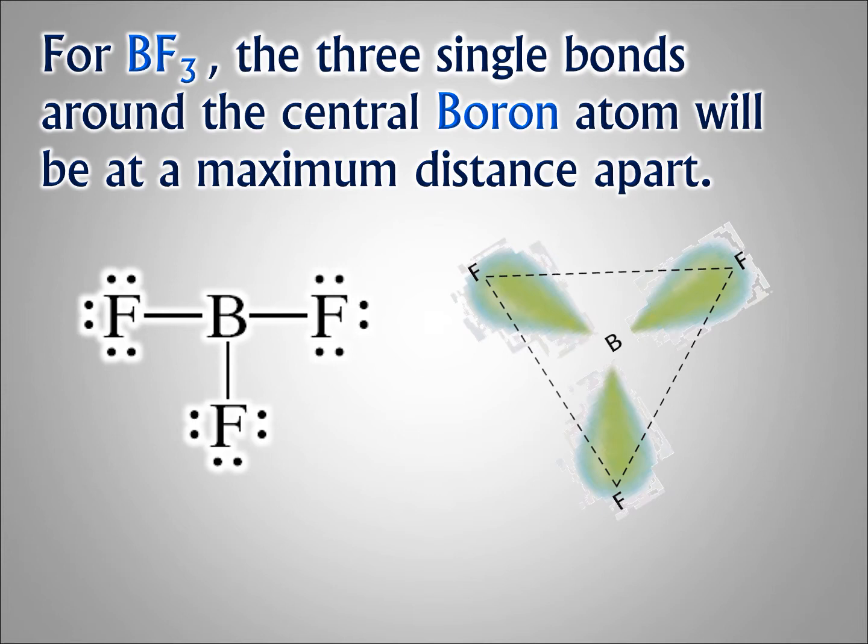Another easy geometry in VSEPR comes from one of our stranger atoms. That atom is boron. Now, boron sounds a little bit like the word boring, but it is far from that. Boron is very bizarre. It does things that no other atom does, and one of those is that it will make an electron deficient molecule.